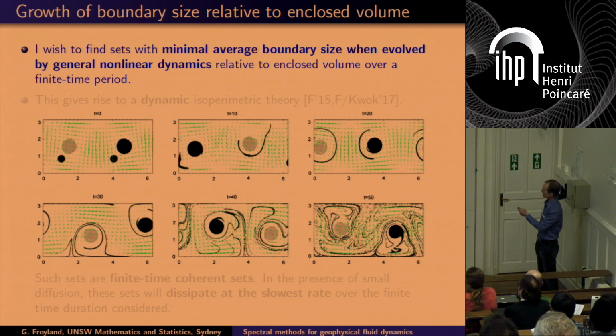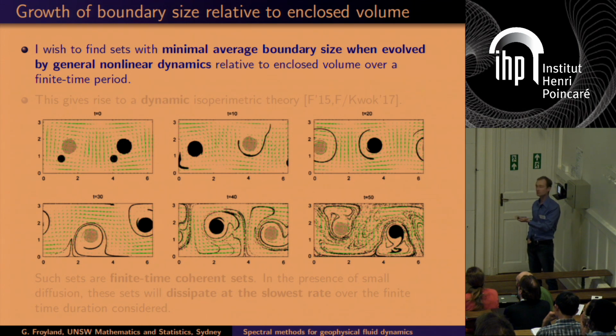So to come back to these frames I had earlier, you see these disks that I identified. Initially they have, well, all of them actually, all of these have pretty small boundary to area because they're all disks. But as I evolve these, you see the ones I identified, their boundary to volume ratio remains small, but the randomly chosen ones, the boundary to volume ratio blows up because the boundary is getting very, very long very quickly.